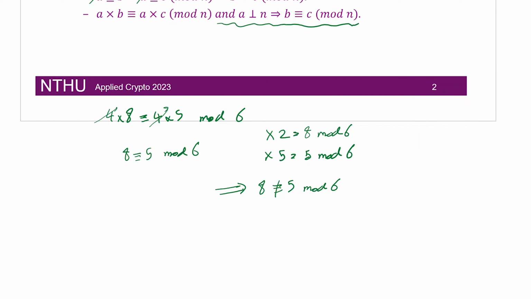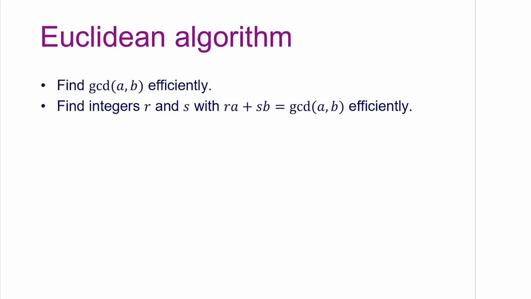So that is given. I think here we are just spending some time to give some definitions. Soon things would turn to be a bit more interesting. Let's begin with two very interesting things that we are going to use a lot in cryptography. First, how do we find the GCD of two integers A and B efficiently? That is the first problem that we are going to address here.